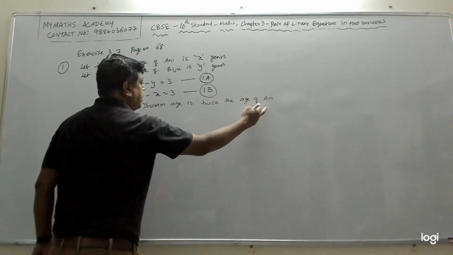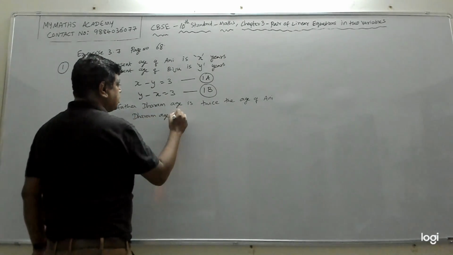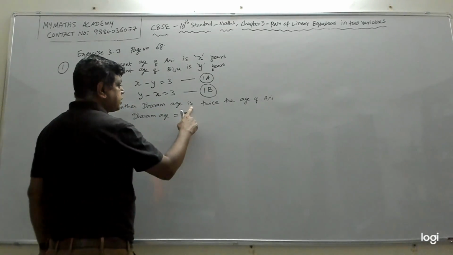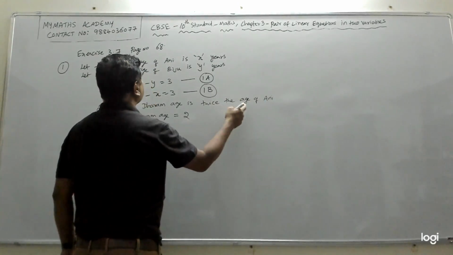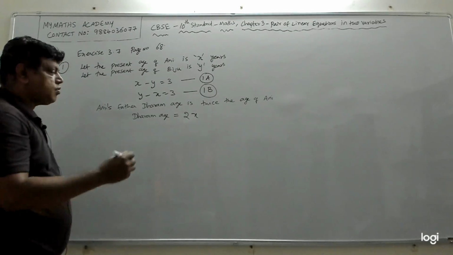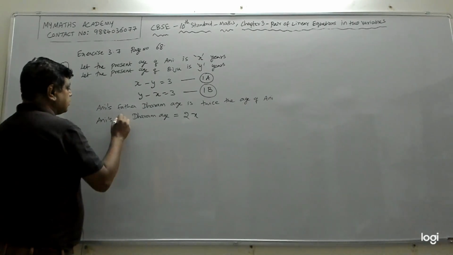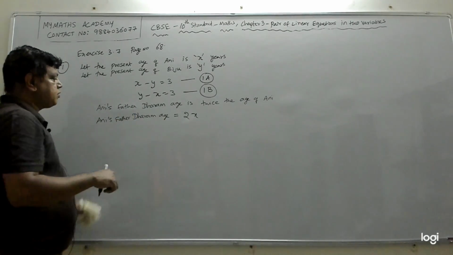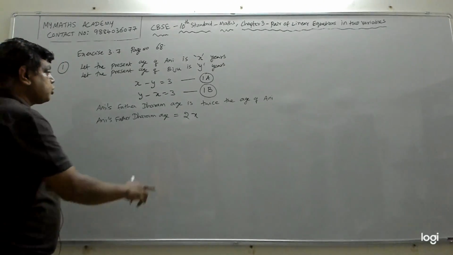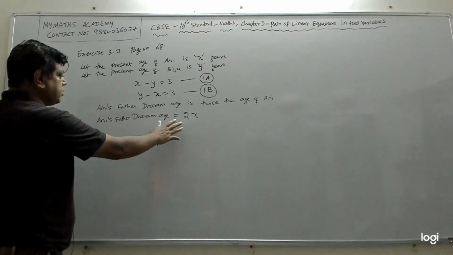His age is 2 times Annie's age, which means Dharam's age is equal to 2 times the age of Annie. And what is the age of Annie? We have assumed it as X, so 2X. That's what is given. Twice Annie's age means 2X. So Annie's father's age is 2 times Annie's age.